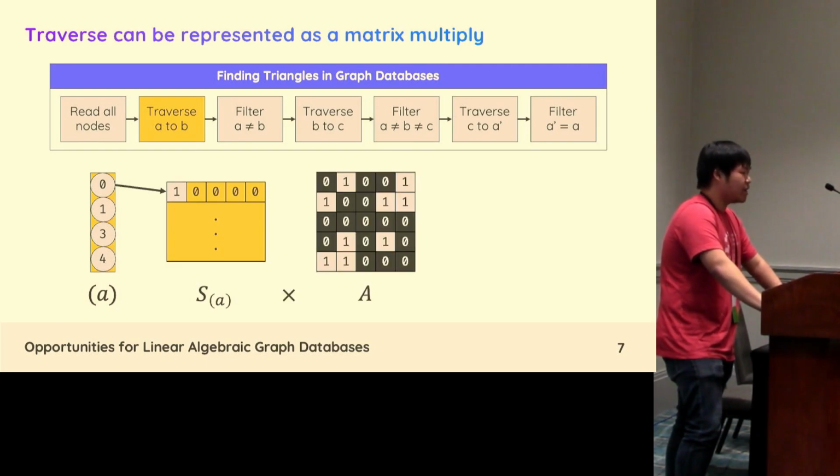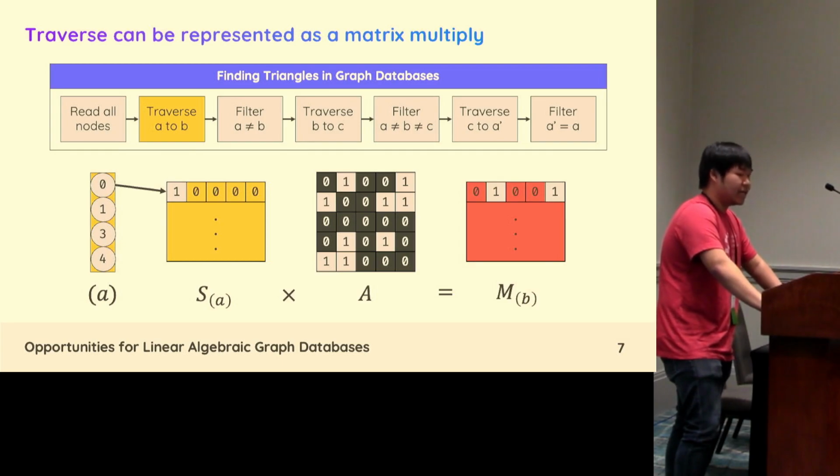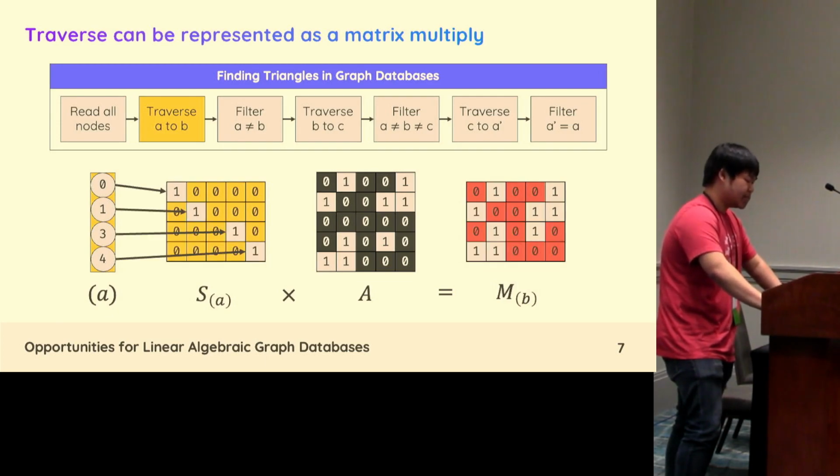After we multiply the node matrix with an adjacency matrix, we get a result matrix in which each row represents a neighborhood of a node in the node list. After we multiply all the rows in the node matrix with the adjacency matrix, we get the result matrix that represents all neighborhoods of all nodes in the node list.